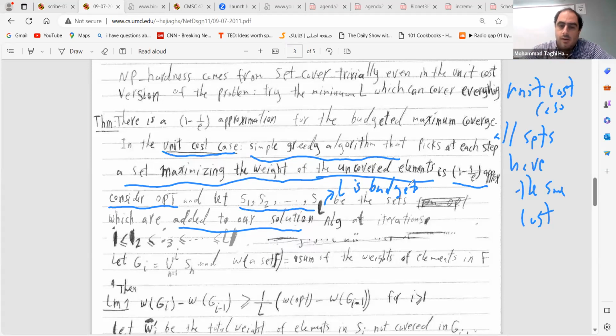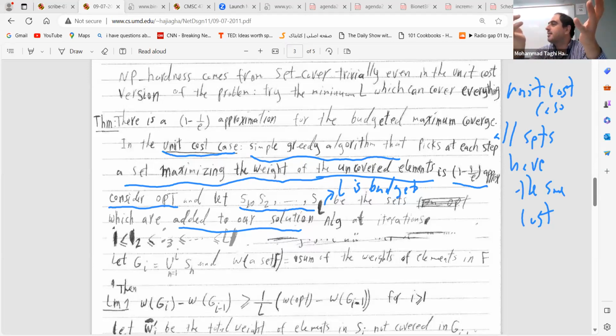By the way, you can always assume this one. This is one way that you can write the proofs nicer. We can assume that S1, S2 to SL are the first set, second set, third set, and so on.